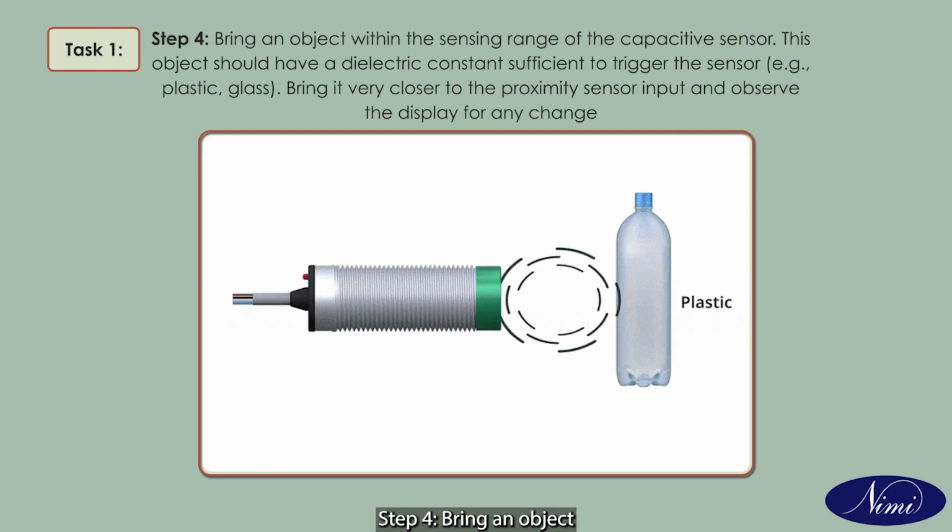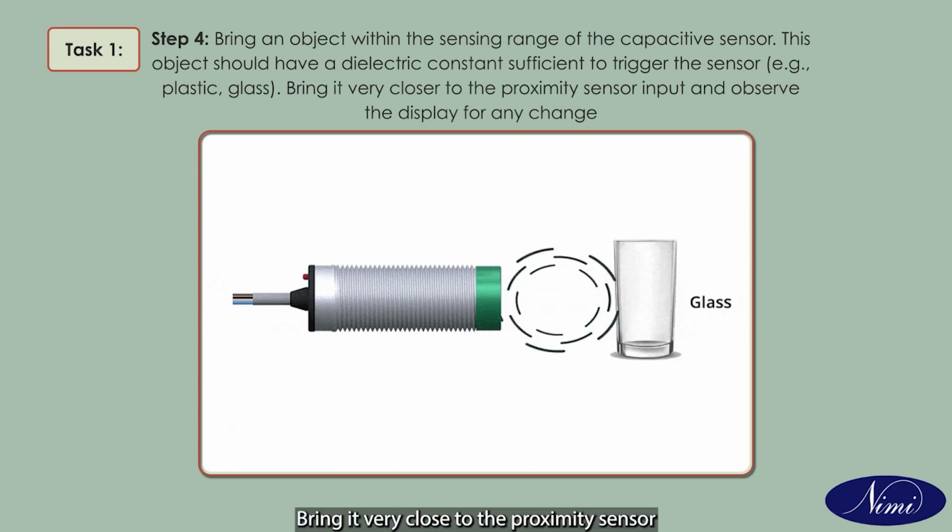Step 4. Bring an object within the sensing range of the capacitive sensor. This object should have a dielectric constant sufficient to trigger the sensor, for example, plastic. Bring it very close to the proximity sensor input and observe the display for any change.